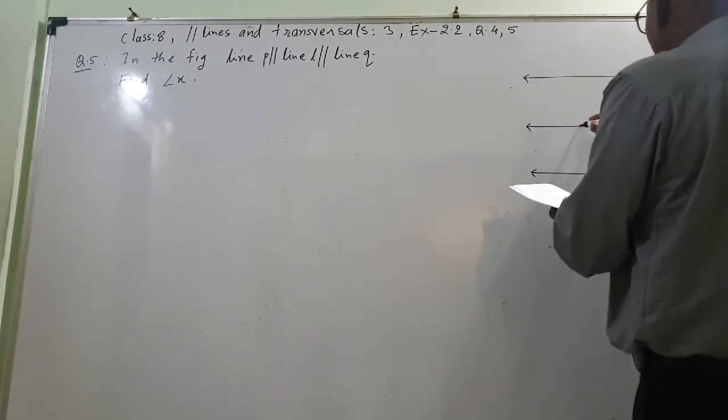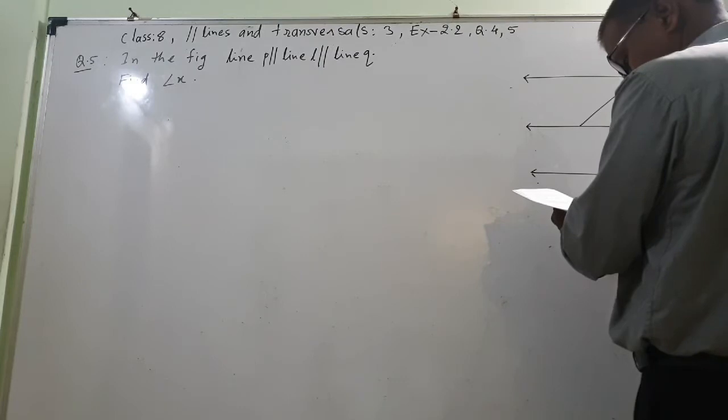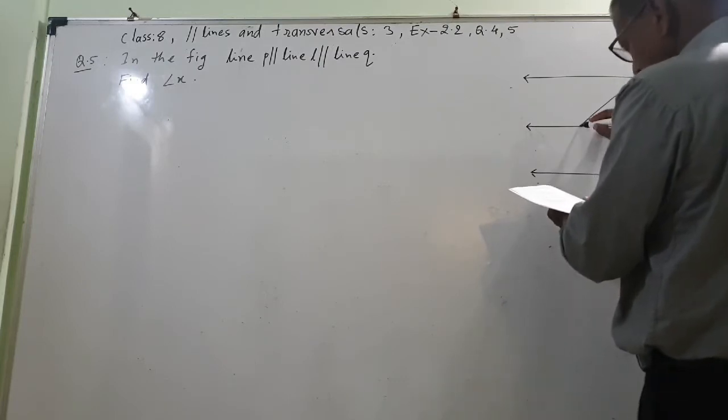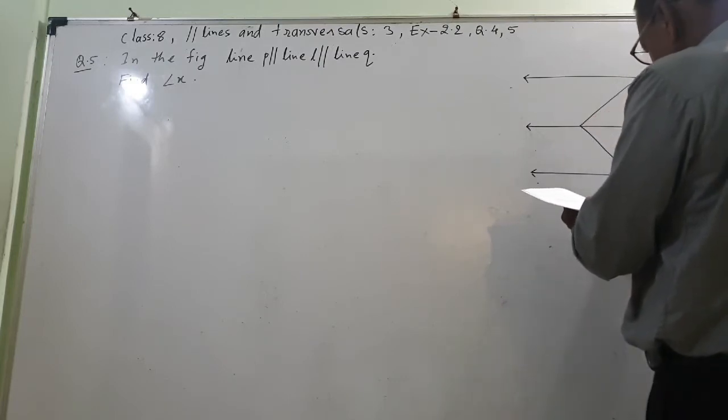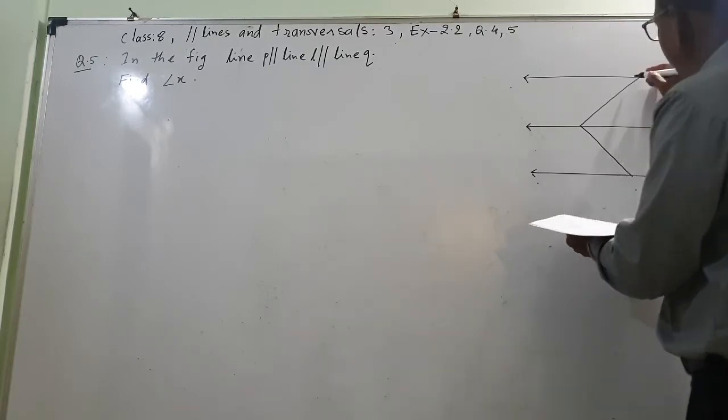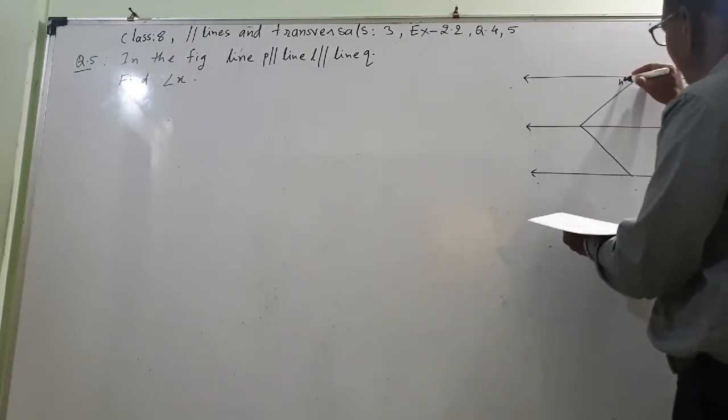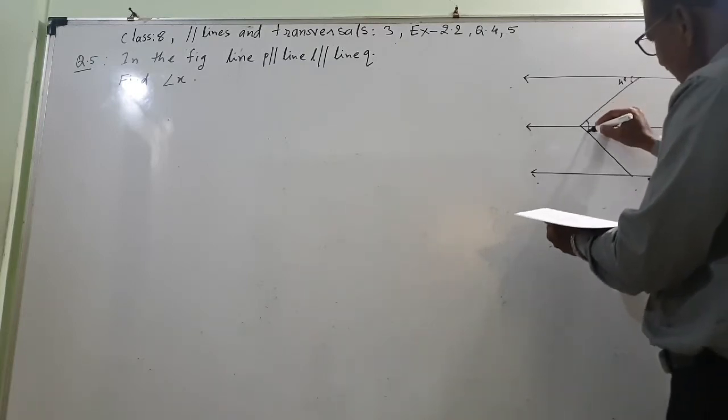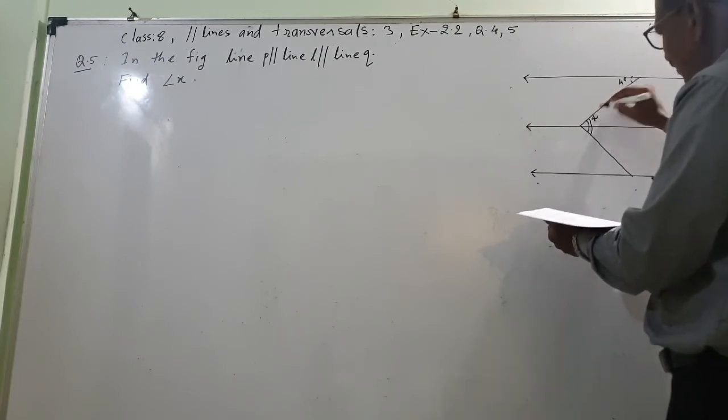There is taken one point like this. This is line like this. This is 40 degree. This is X, this much. This X we have to find.